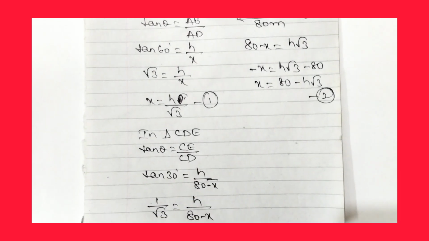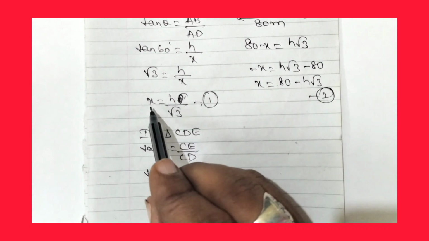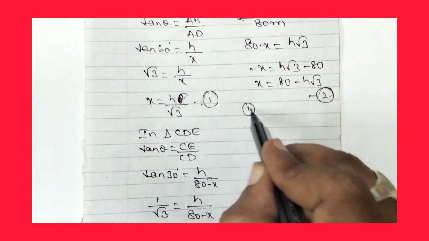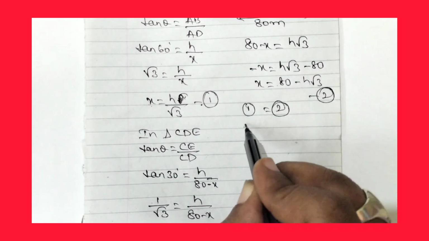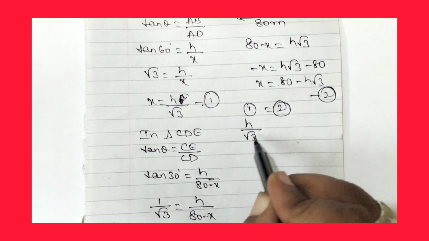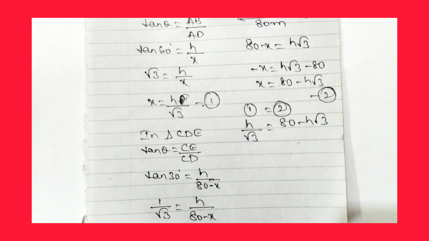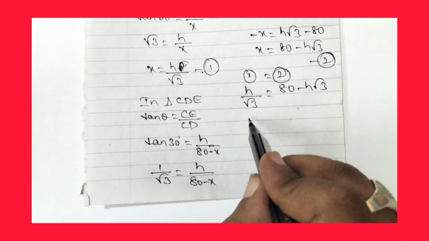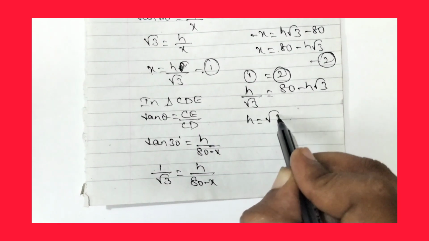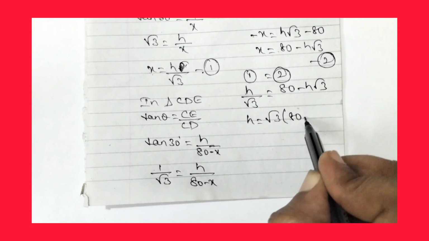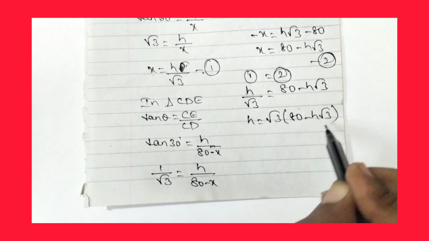So now both 1 and 2 are equal to x, therefore 1 is equal to 2. So what is 1? h root 3 is equal to 80 minus h root 3. So now h is equal to root 3 into 80 minus h root 3.